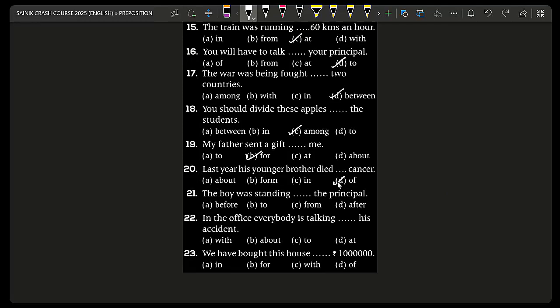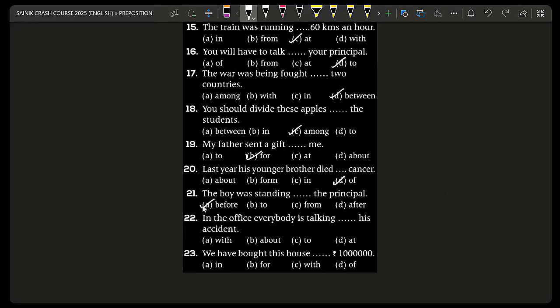The boy was standing dash the principal. "After". No. Whenever "after" is there, they will specify something like a queue.